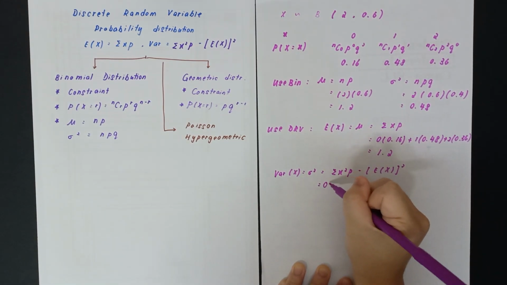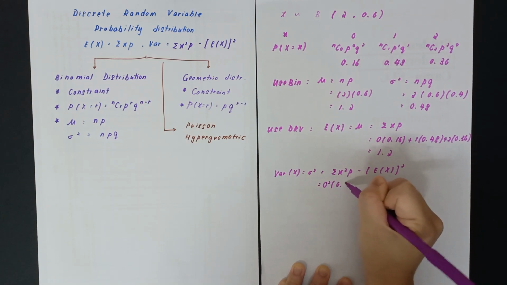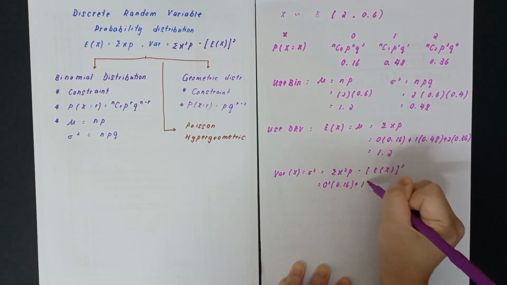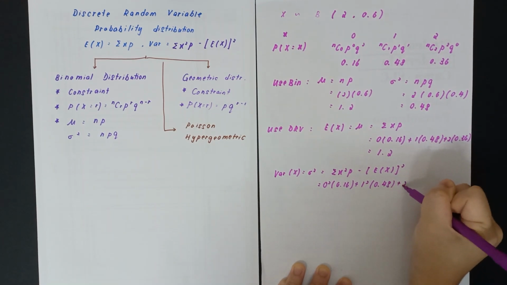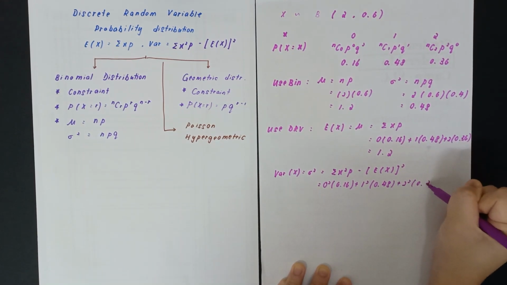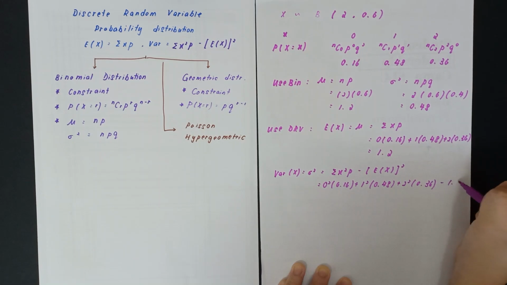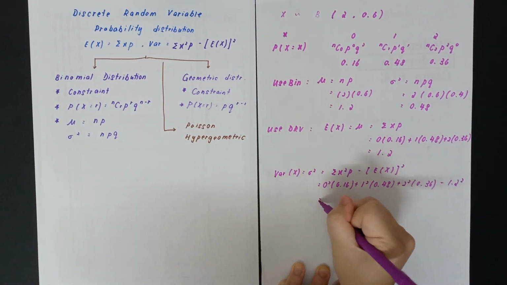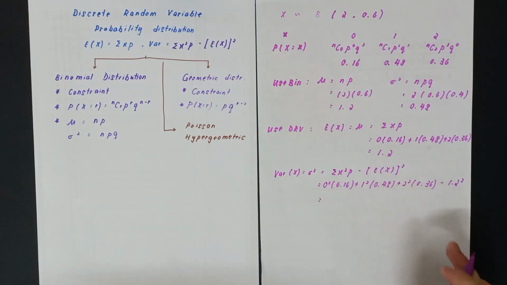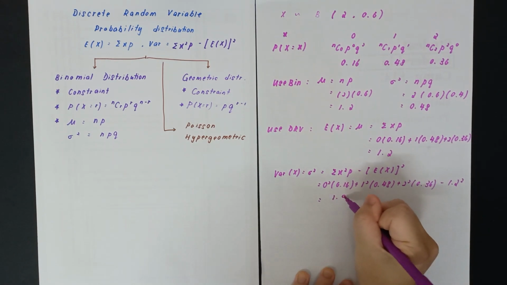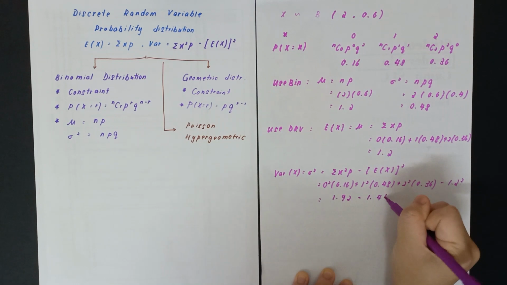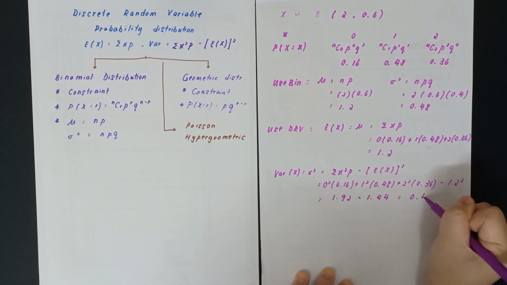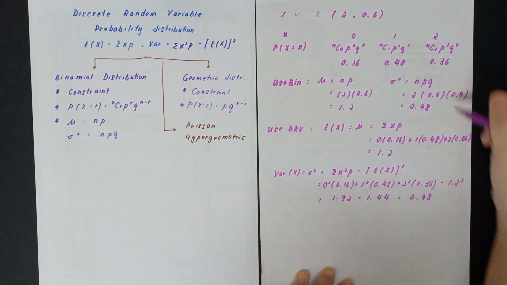So it will be 0 squared times 0.16 plus 1 squared times 0.48 plus 2 squared times 0.36, and I will minus 1.2 squared. Adding everything together I get 1.92, then minus 1.44, which will give me 0.48. So you see, it's exactly the same thing.